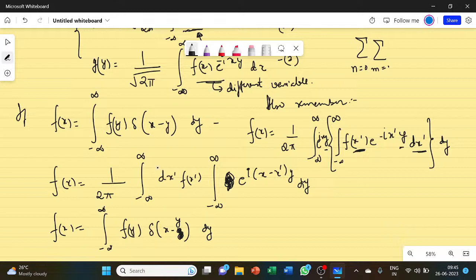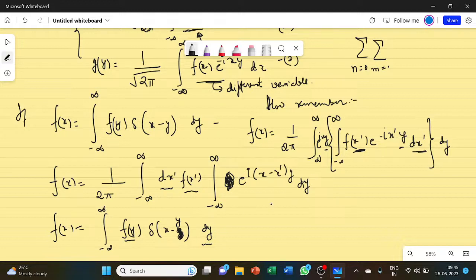Okay, now if I try to compare both of them, so basically here you have dx dash f x dash, you have f y and dy, right? You have f y and dy.